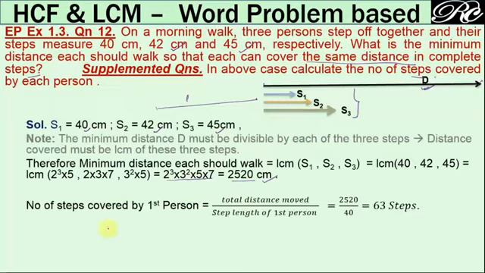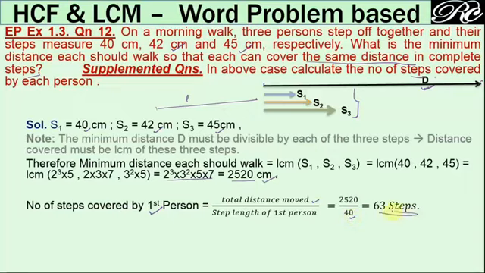Now the number of steps covered by the first person is the total distance moved, just to have the complete number of steps, divided by the step length of first person. So total distance moved is 2520 and a step of first person is 40, it is 63 steps.